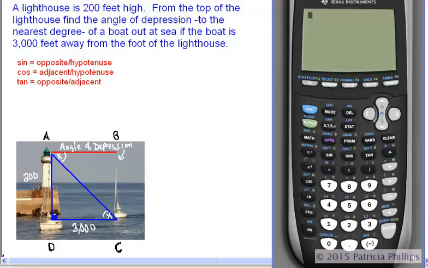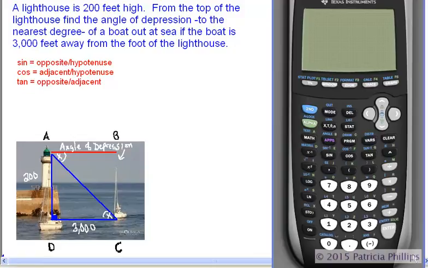So, what we see in our little diagram, when we connect the lines between everything and label it, we realize that the angle of depression that we don't know is the same value as the angle ACD.